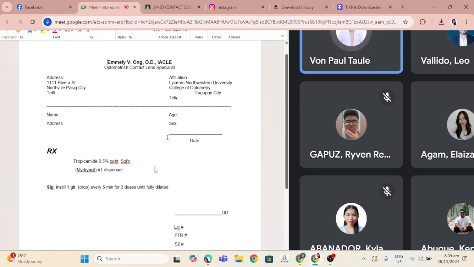The date could be here on the lower portion where on the patient's area or actually on the upper portion also.